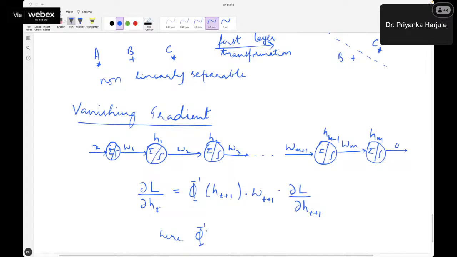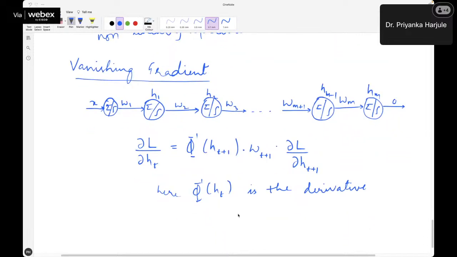Phi dash of ht is the derivative of the activation function in hidden layer t.